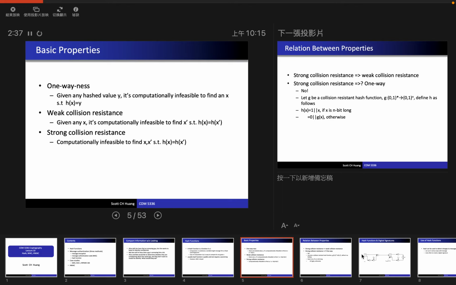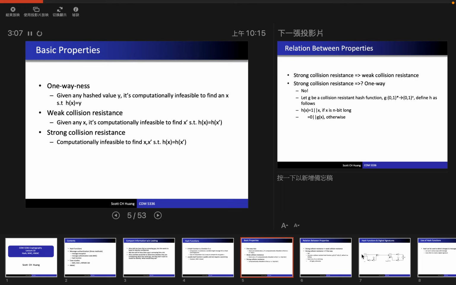Hash functions are not invertible, because they are many-to-one, since they do compression. So you really cannot talk about invertibility. There's no way a hash function can be inverted, but we want this type of hash function to be secure. That is why we define the collision resistance properties.